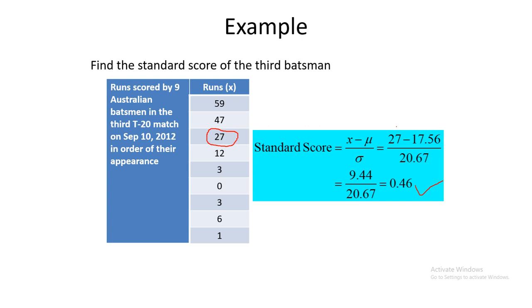It means 27 is almost half a standard deviation away from the mean. Your mean was 17, your standard deviation was 20. So half a standard deviation is 10. So you see, 27 is almost 10 units away from 17.